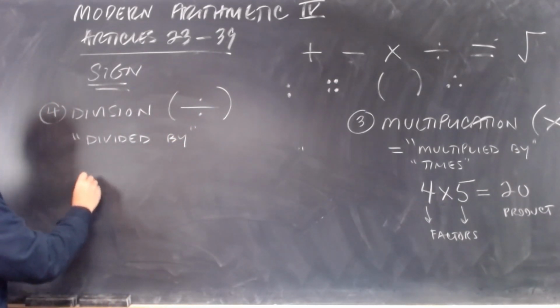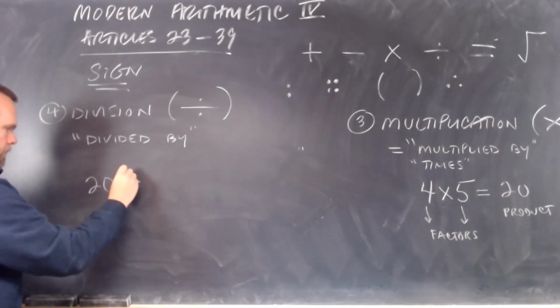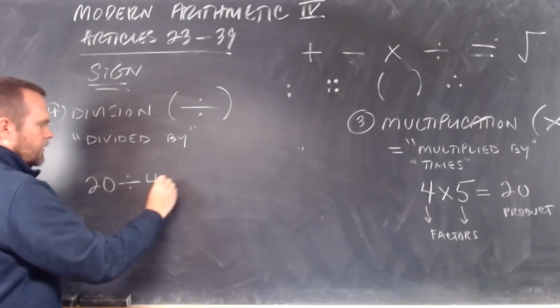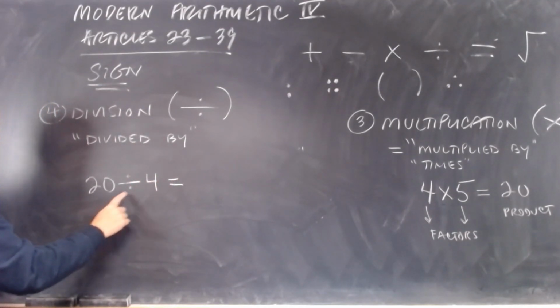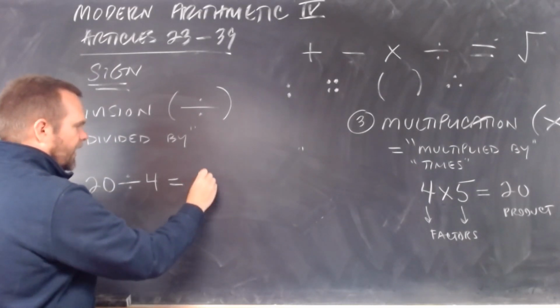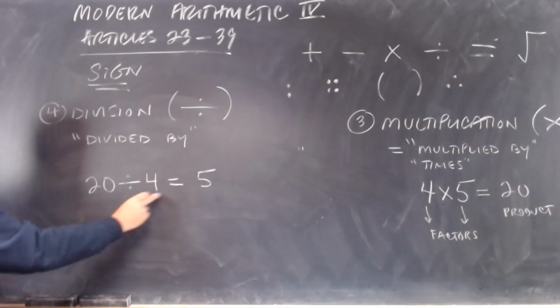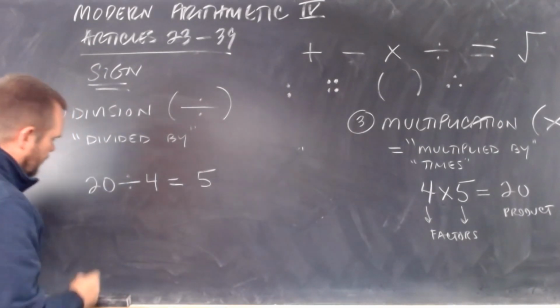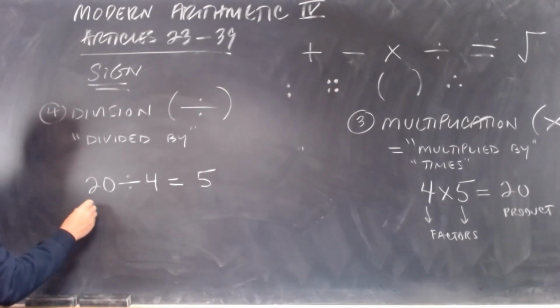So if we have 20, then the division sign and 4 equals, 20 divided by 4 equals 5, and these quantities have names.